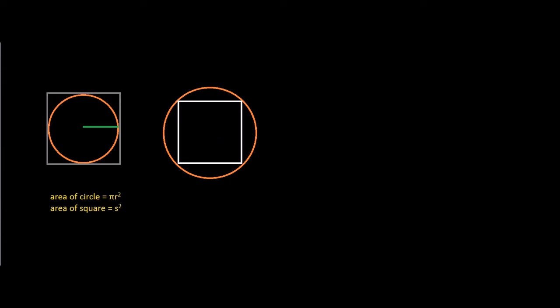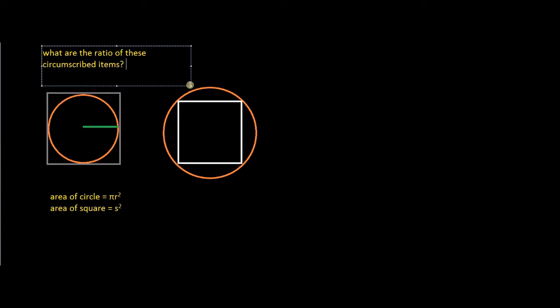The thing that I want to figure out in this exercise is, what are the ratios of these circumscribed items?